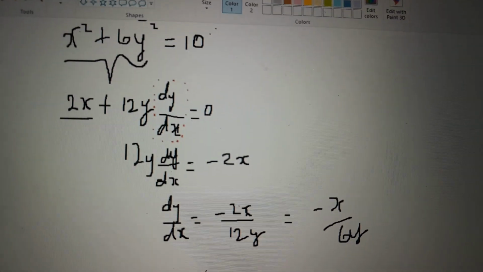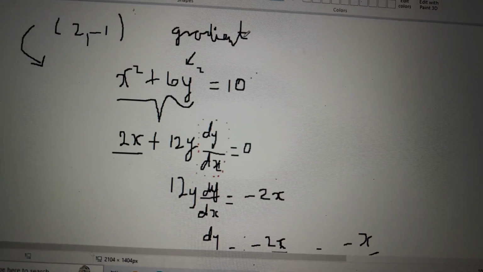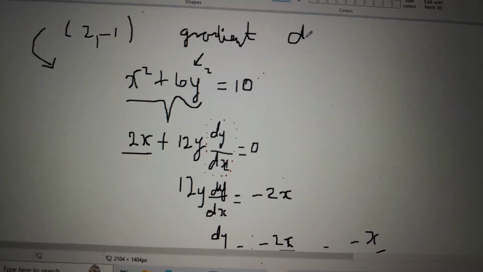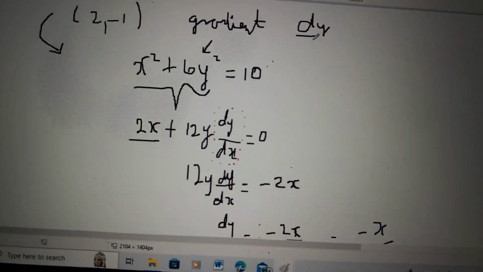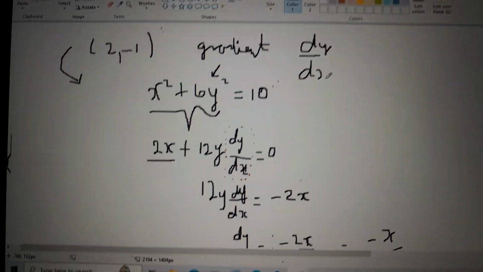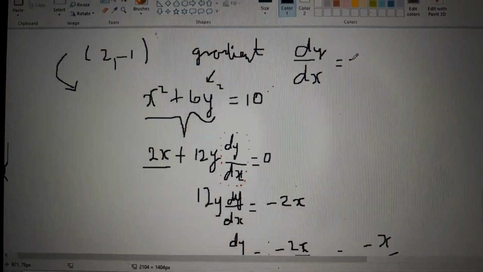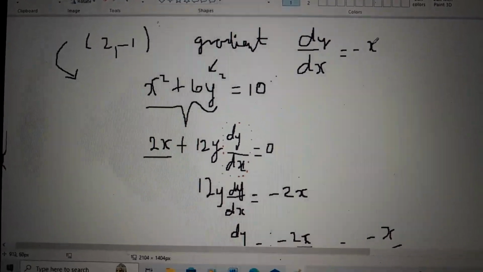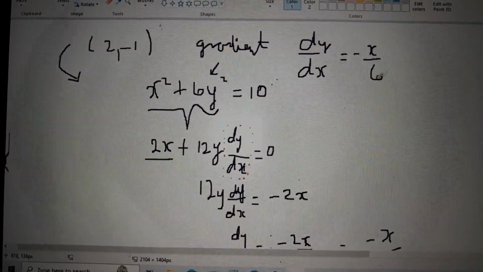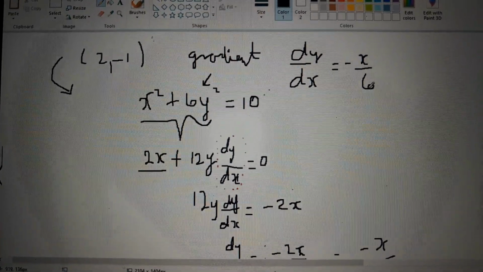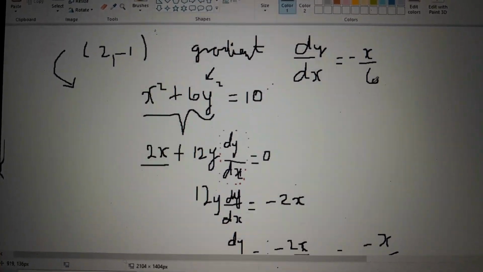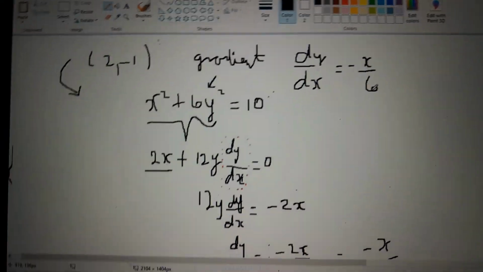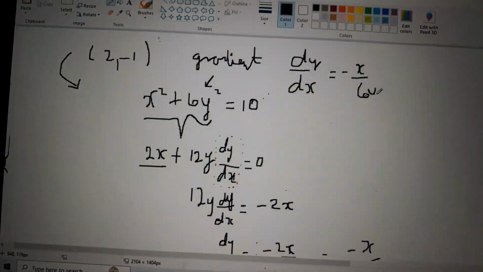So we have found dy/dx. That's what we wanted. The gradient is dy/dx. And we found that to be -x over 6y. So can you tell me if we're finished here? Are we done?